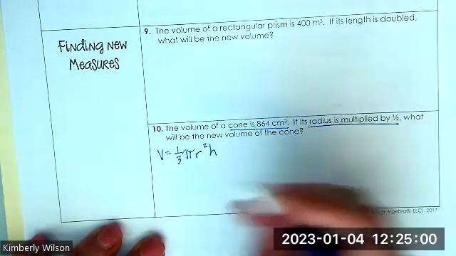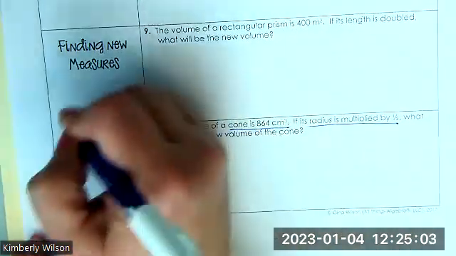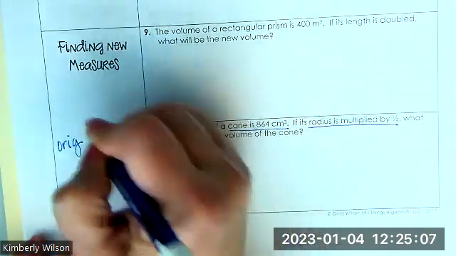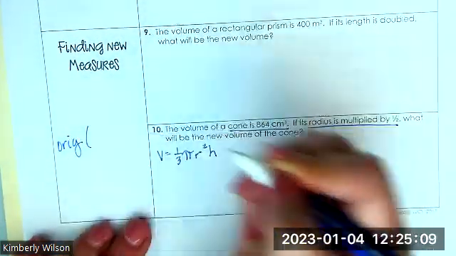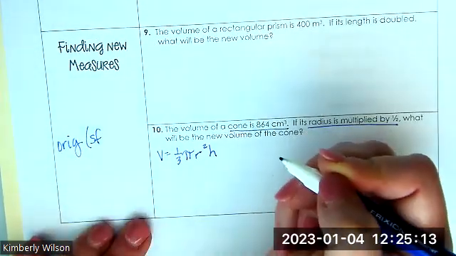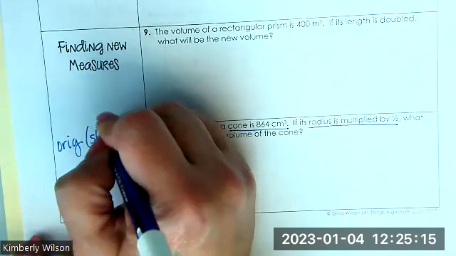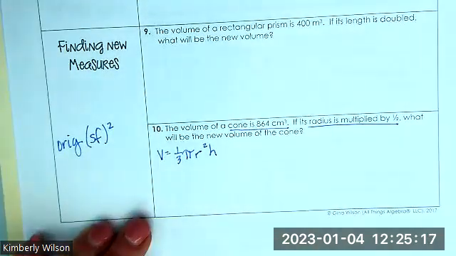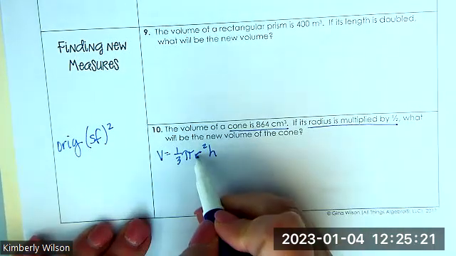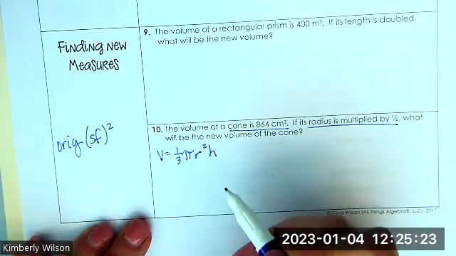So what we can do is we can take the original and multiply by the scale factor squared. Okay, and it's because r, the radius is squared.